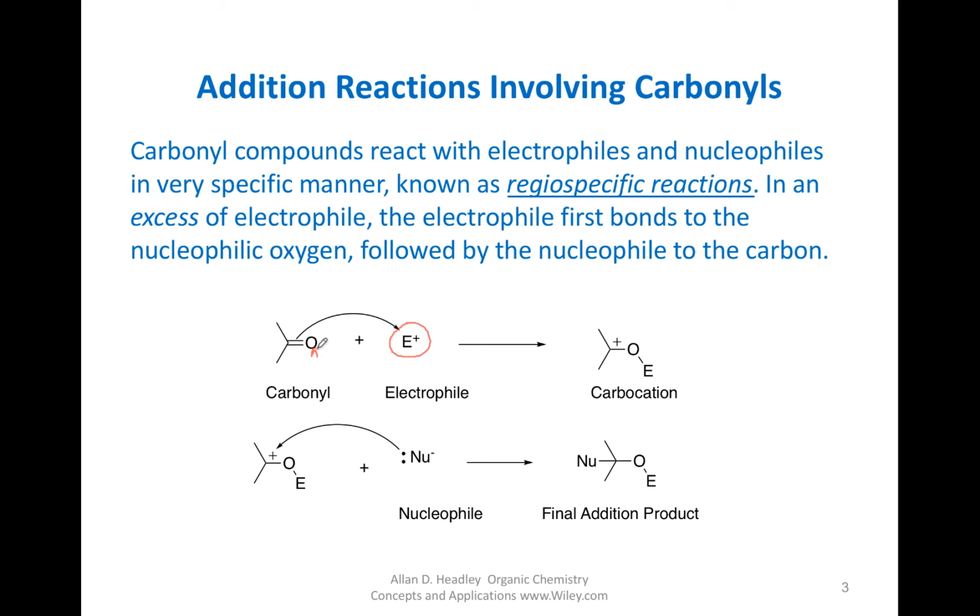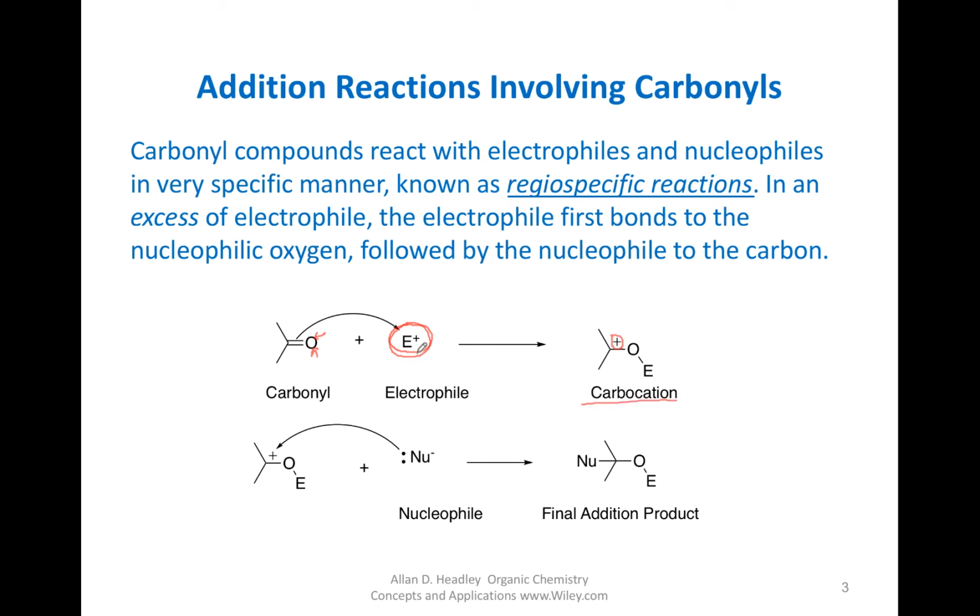You may recall, if it were a double bond of equal electronegativity bonded to two carbons, then we'd have to invoke the Markovnikov and anti-Markovnikov addition. But in this case, we do not have to invoke that because we know that E plus will be attracted to the electronegative oxygen to form this carbocation here.